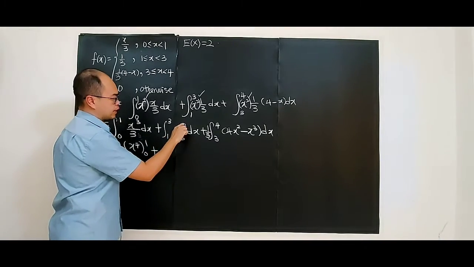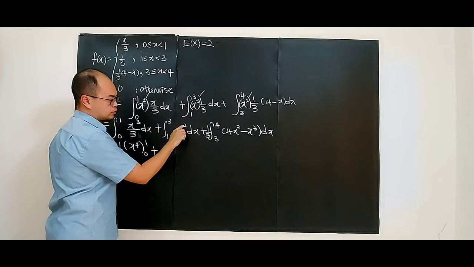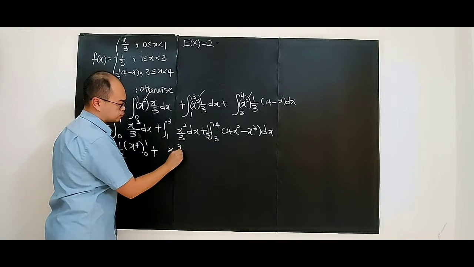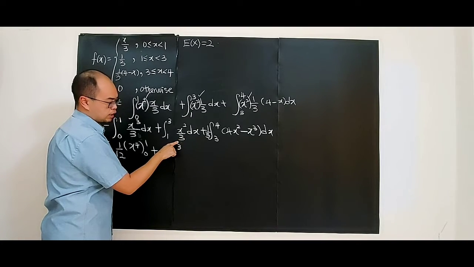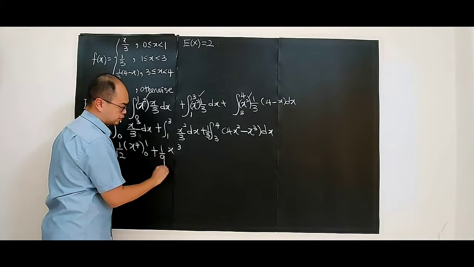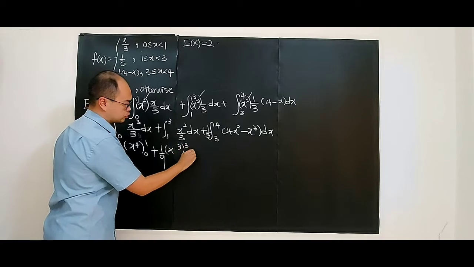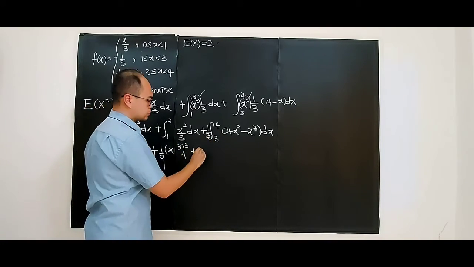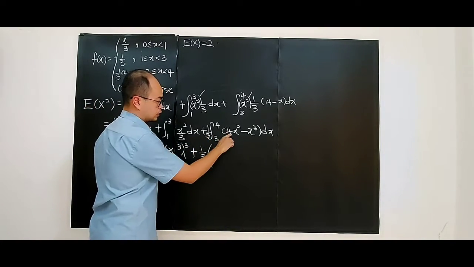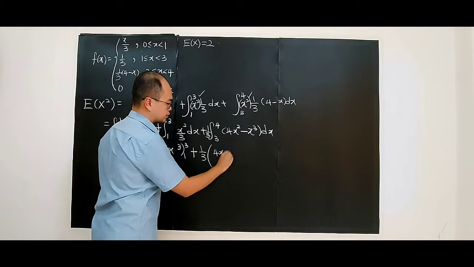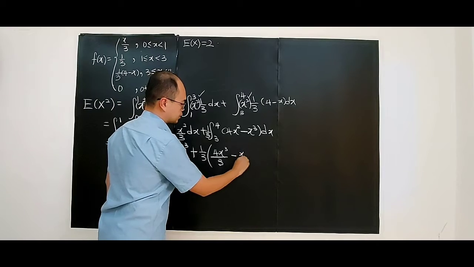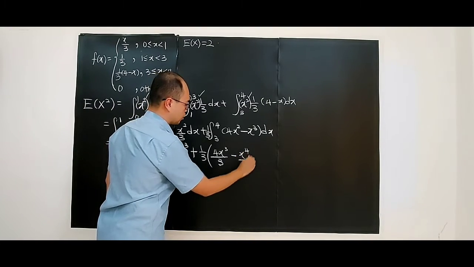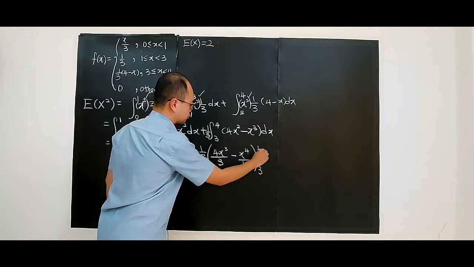For the second, x to the power of 3 divided by 3 times 3, so 1 over 9, from 1 up to 3. For the last, 1 over 3, integrating this, you have 4x to the power of 3 divided by 3 minus x to the power of 4 over 4, from 3 up to 4.